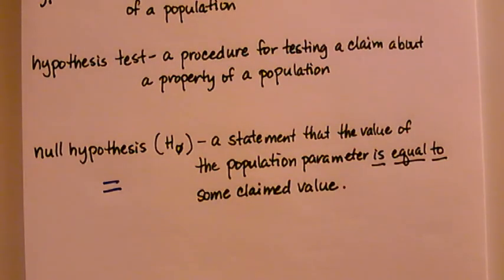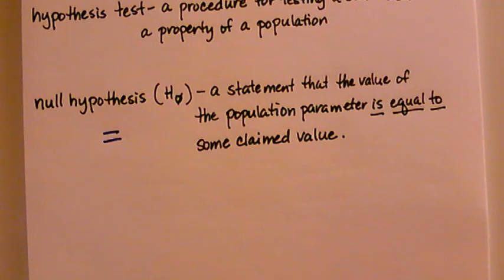The null hypothesis means that nothing has changed. There is no difference. So we always use the equal sign as the symbolic representation. It's going to be some population parameter equaling some claimed value. That's why I underlined the phrase is equal to, because in the null hypothesis you always use equal to.